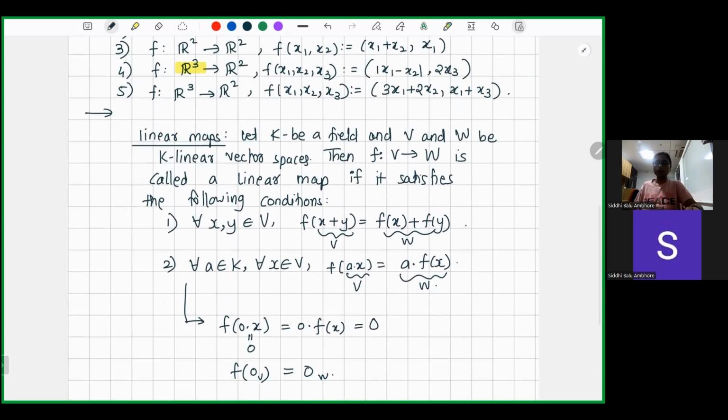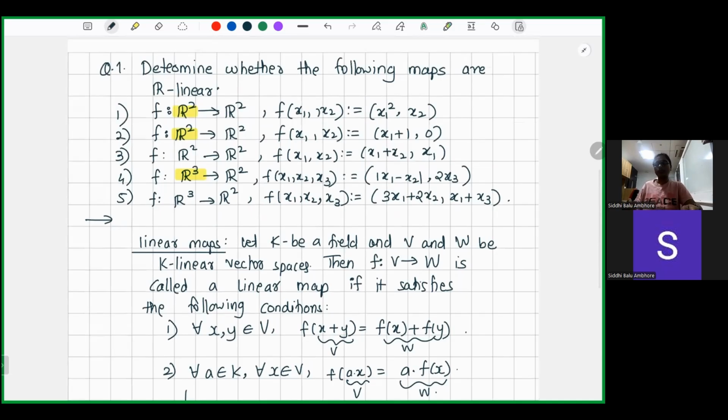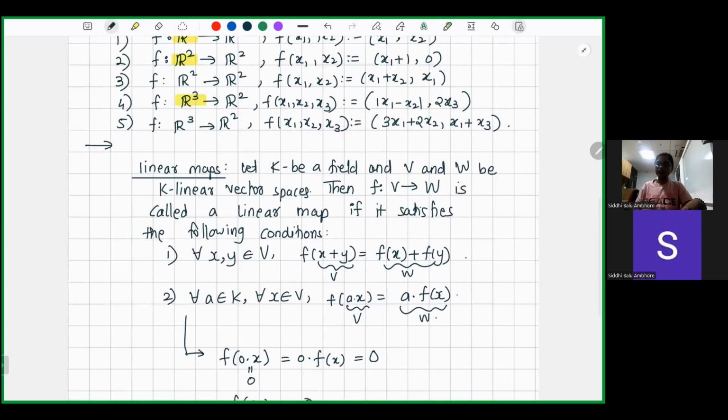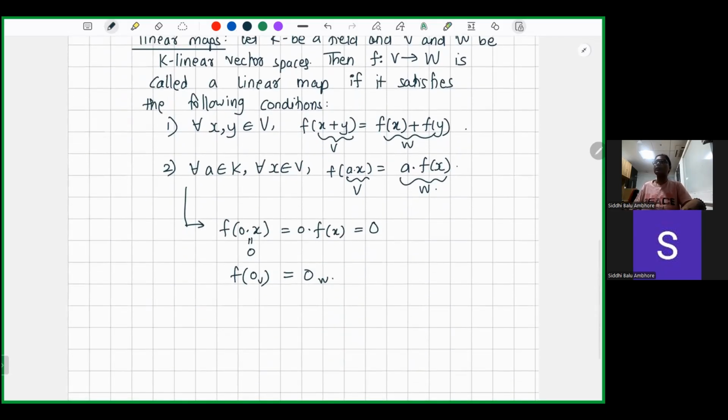So when you are given such questions, to check whether a given map is an R linear map or any K linear map between vector spaces or not, it's always better to first check whether 0 is going to 0, because that is easy, and at the same time very effective when we have to check whether the given map is linear or not.